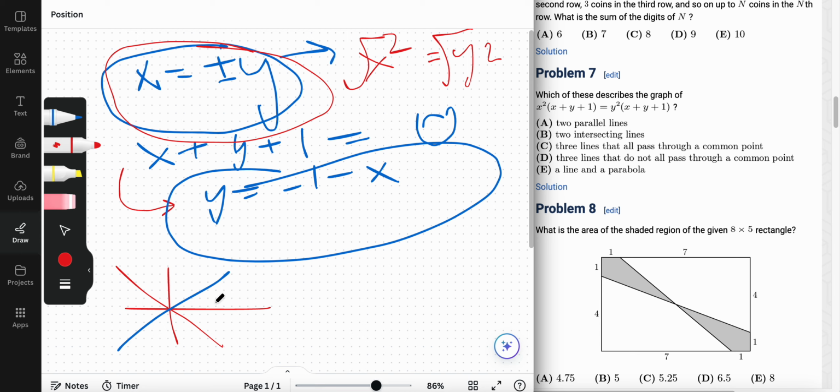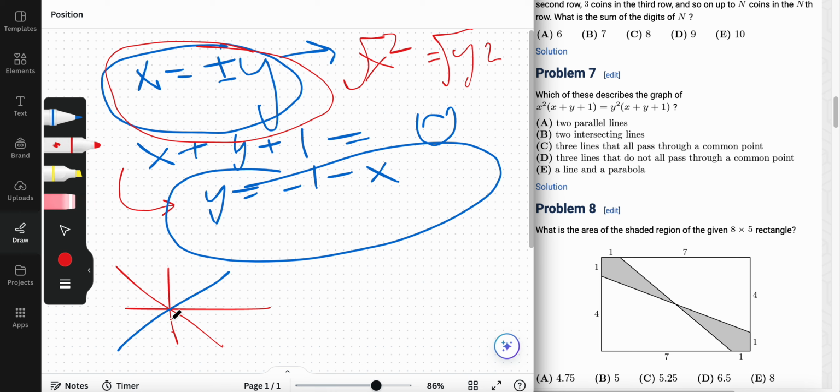Negative 1 minus x, right? So that would probably be somewhere over here. Right? Negative 1. Oh, sorry, I think I messed this up.